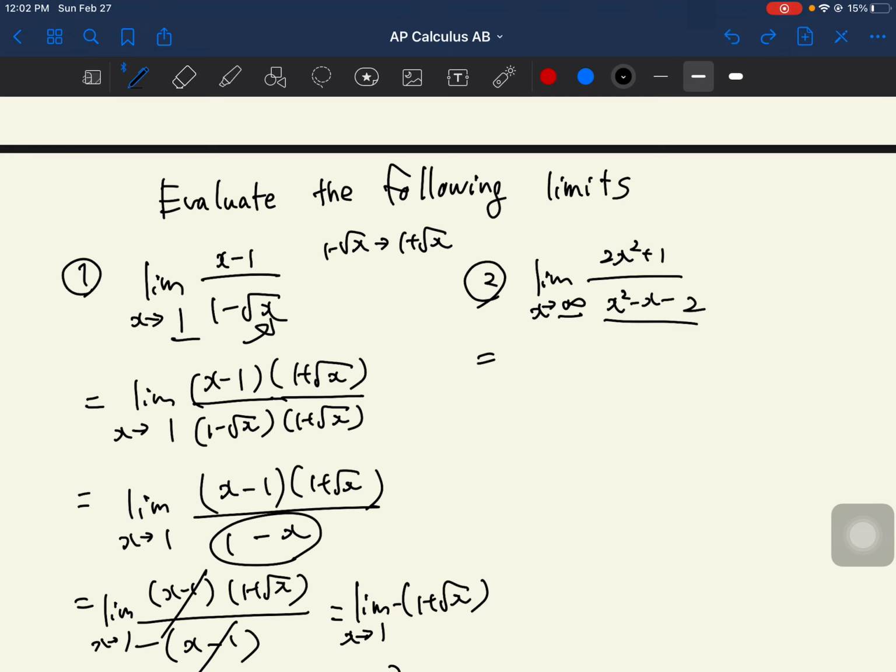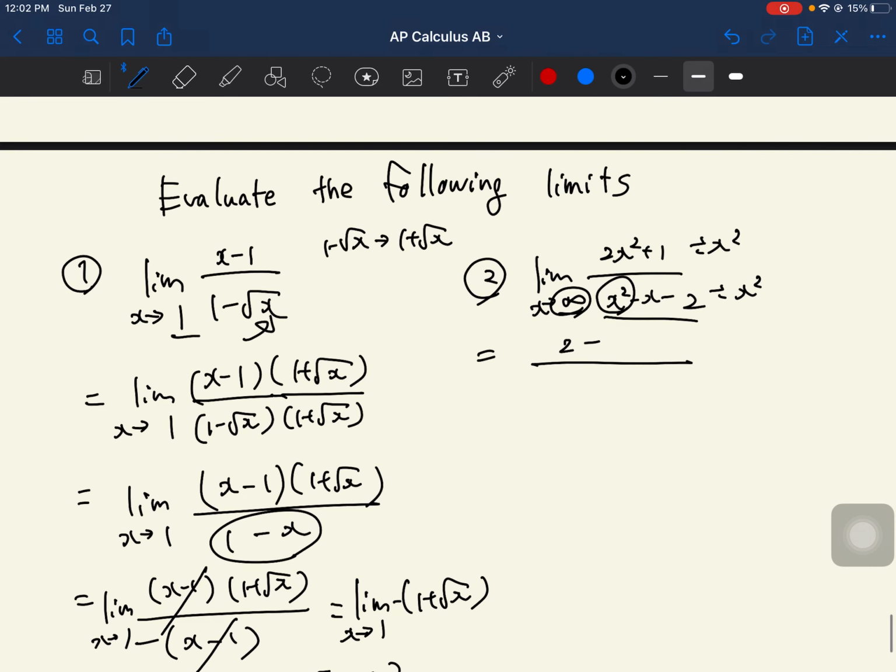So what would you do? In this case, you have infinity here. If you have infinity, you usually divide by the highest degree term in the denominator, which is x squared. So let me divide by x squared on both top and bottom.